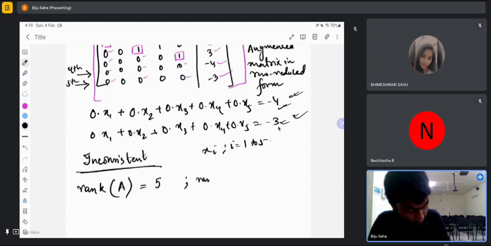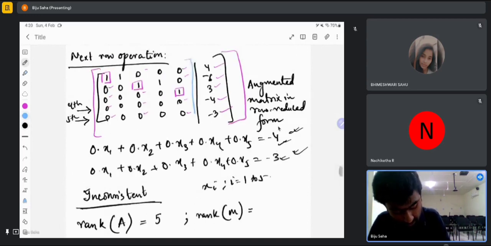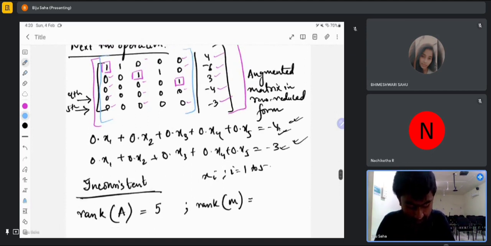On the other hand, for the rank of the coefficient matrix, the coefficient matrix is up till this part. The number of rows containing at least one non-zero element is 3, because the last two rows contain no non-zero element.